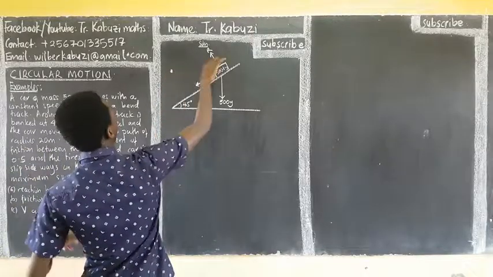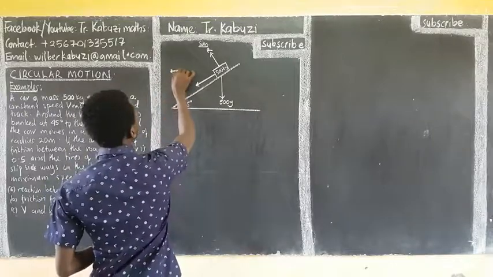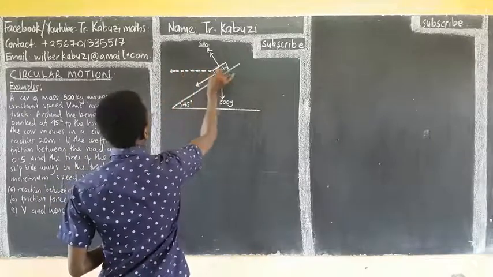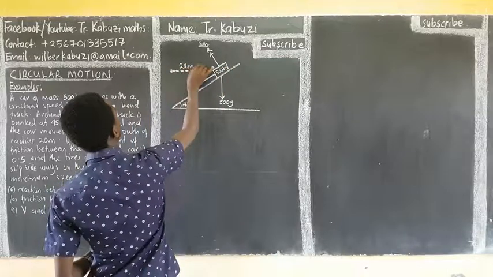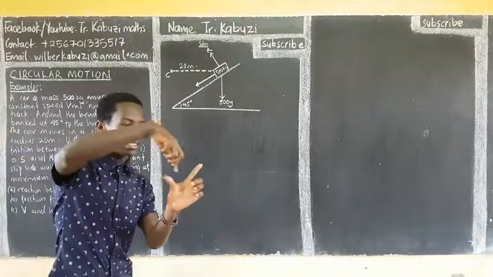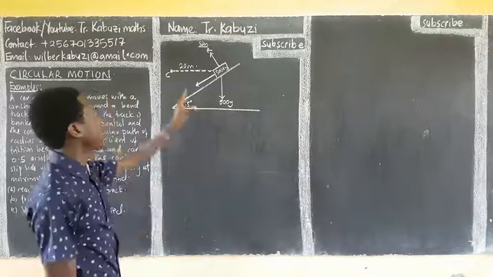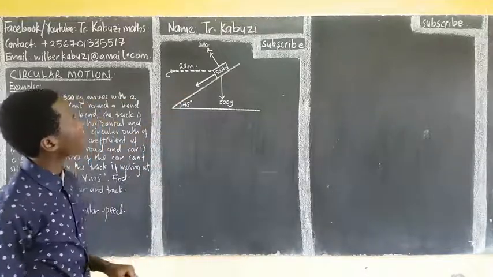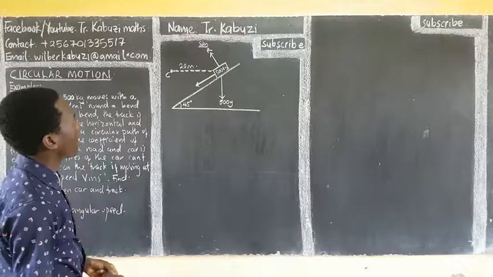As it's moving around like this, it's going to be making a circular path of radius 20 meters. So this is our center. As it's moving like this, it's making this radius there, r. So there, most of the things I think are done.